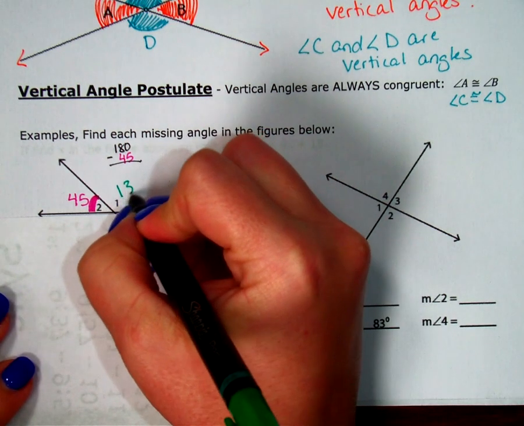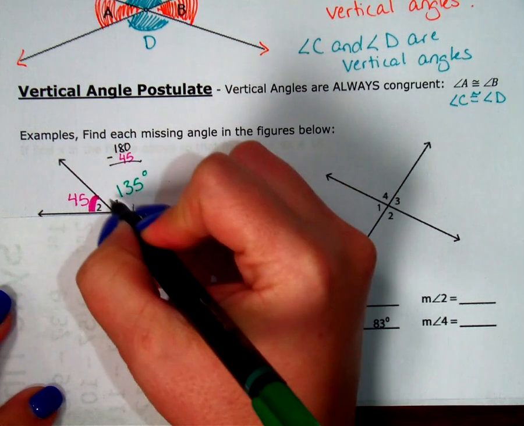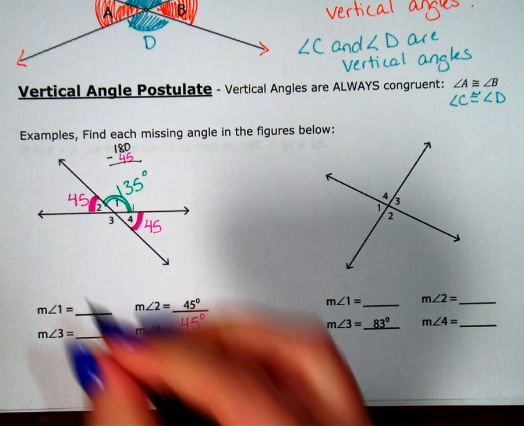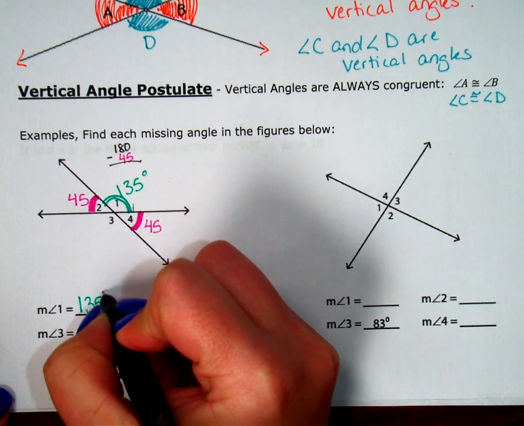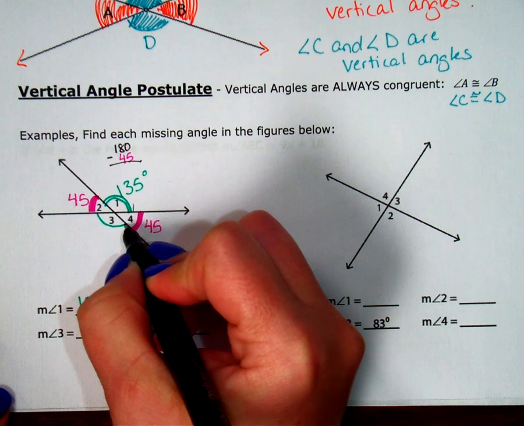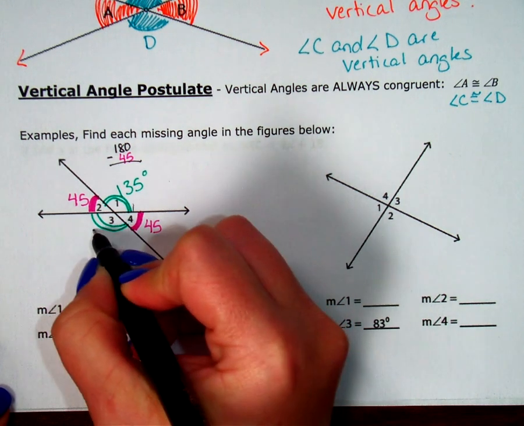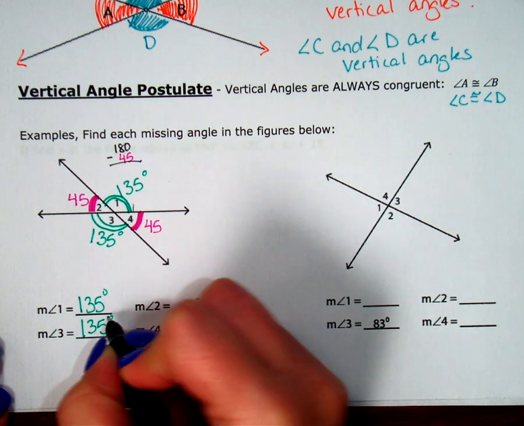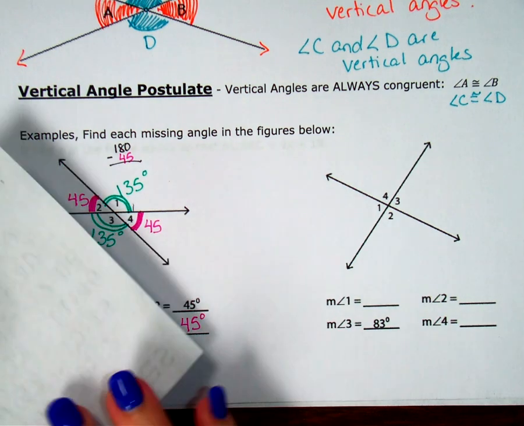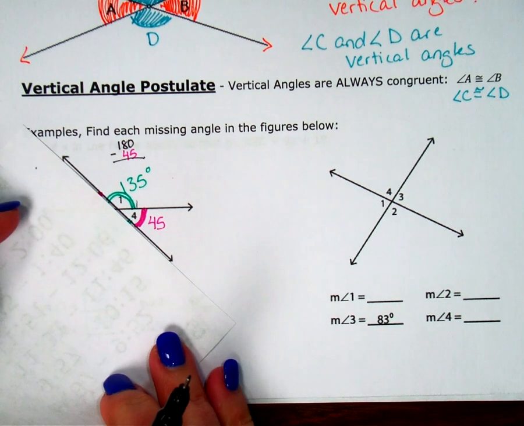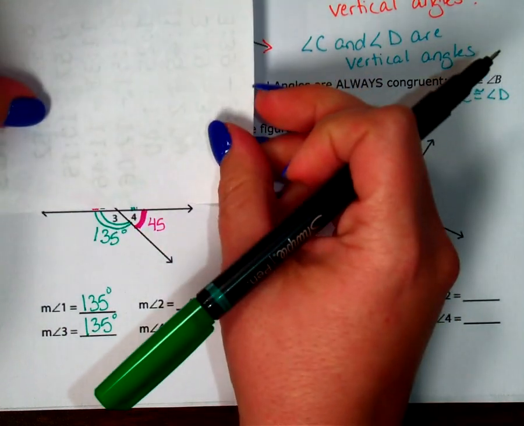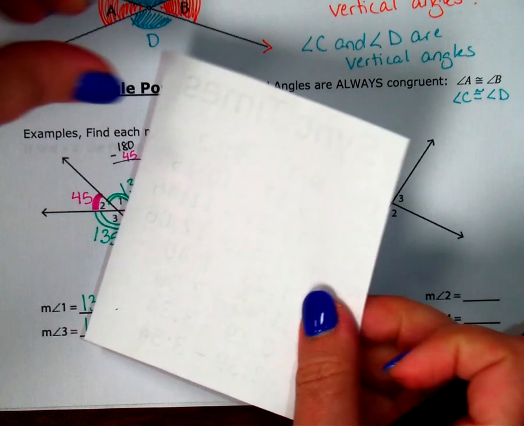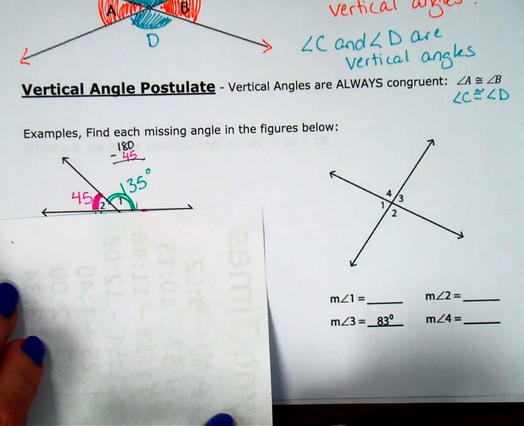So angle 1, this green angle, is 135 degrees. But remember, angle 1 is vertical to this side, which means this side is also 135 degrees. Everywhere I have a linear pair, 135 plus 45 is 180. You can go all the way around.